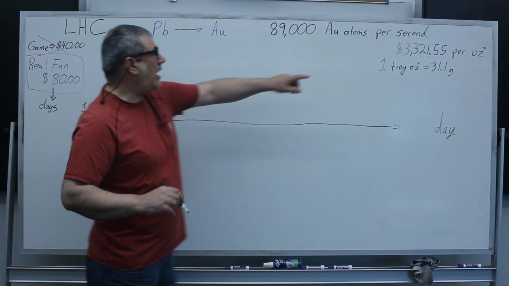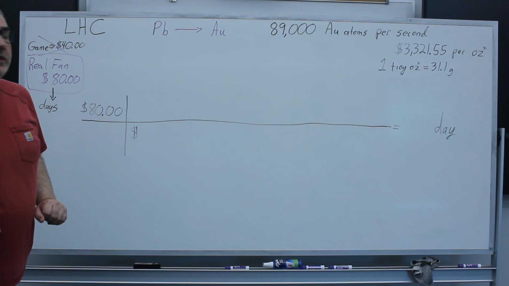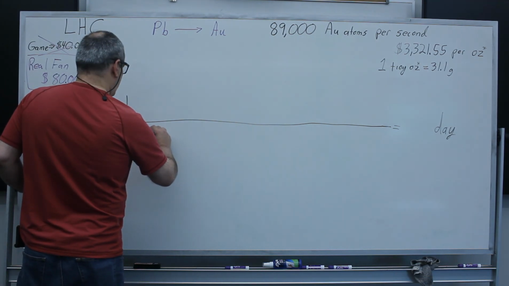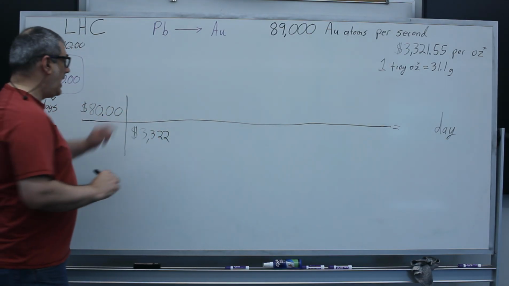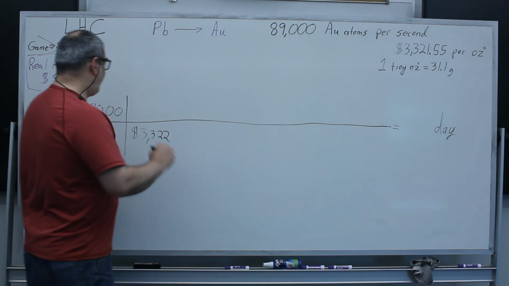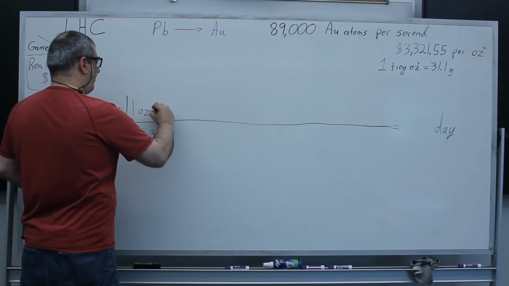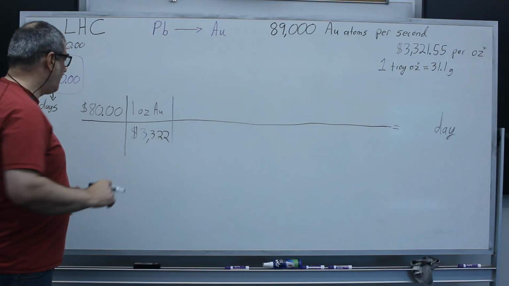In this case, I'm going to drop the cents and just round it to $3,322 per ounce of gold. So that's for 1 ounce of gold. AU is the chemical symbol for gold.